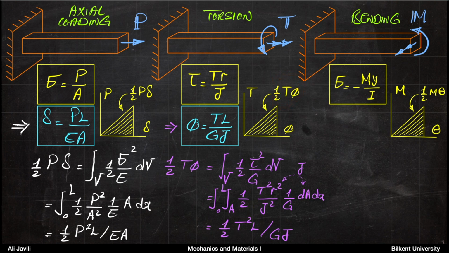So again, you can imagine if you have a torque, the torque times change of angle is the incremental work. Now if you have a moment, that moment times change of angle would be your incremental work, and if you integrate it, you would have 1/2 of M theta. Now, similar to what we had done previously, you would equate the external energy to internal energy.